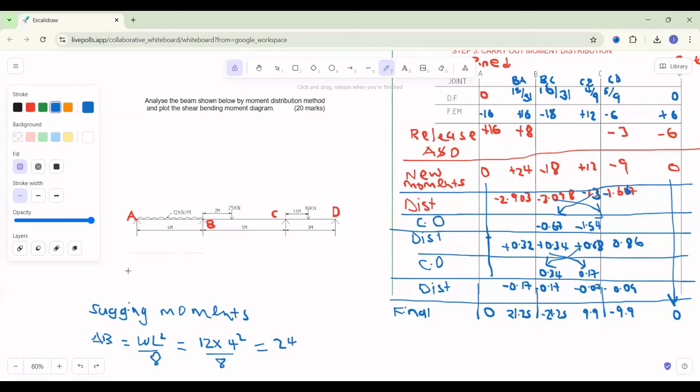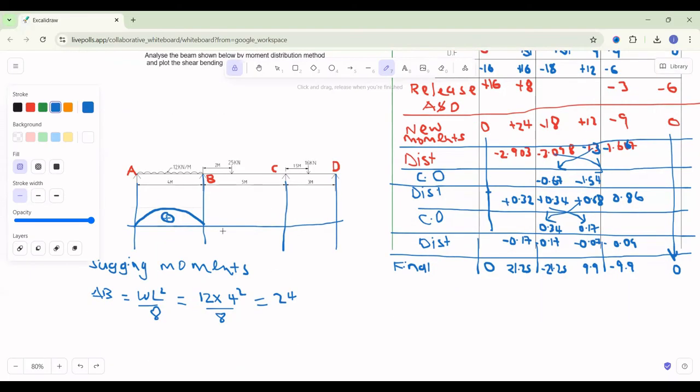Right, so if we have to draw a straight line here, the sagging moment here will be positive 24.